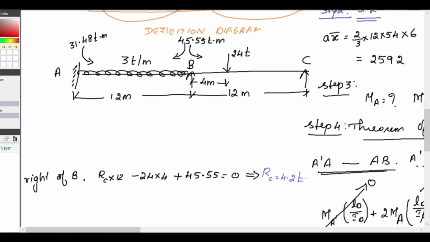Now taking moments to the right of A. We get RC into 12 plus 12, 24, minus 24 into 12 plus 4, 16. Plus 45.55 and minus 45.55 get cancelled. Now we have plus RB into 12.